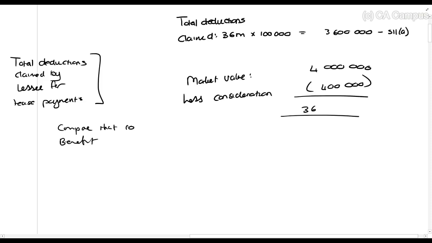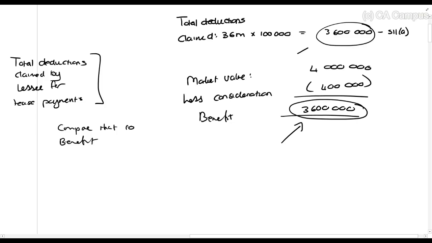So 3.6 million rands is the benefit that you are receiving. Now you compare that benefit to what you've paid in the past. You want to tax the full amount, but you can't tax more than the past. In this case, you can see it is equal to the past amount. So the recoupment amount that you will be including in your rands column under section 8.5 is 3.6 million rands.